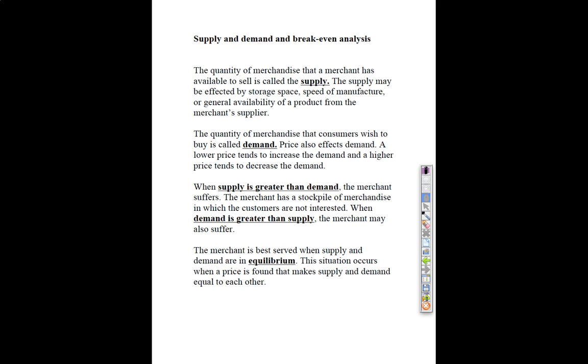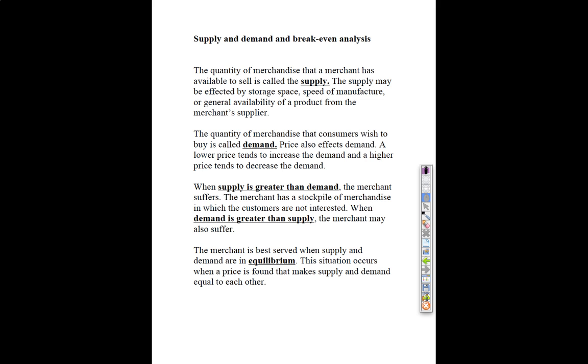Sometimes though, when demand is too great, that can be a problem too, because people may leave him. They may not come back. They may go someplace else for their business. So ideally, the merchant wants that supply and demand to be in equilibrium, where he has just about as much supply as he has demand, where they're essentially equal.